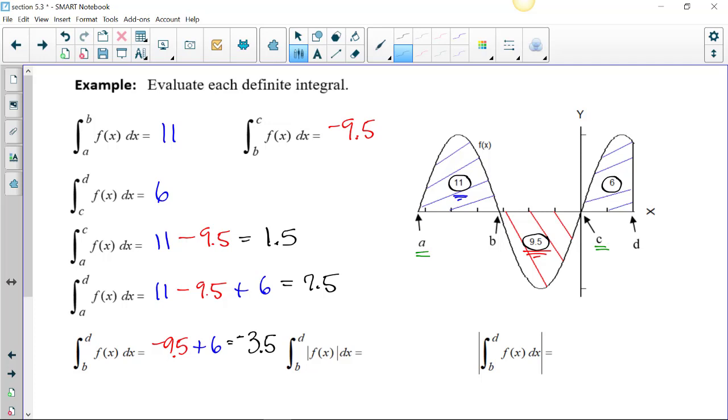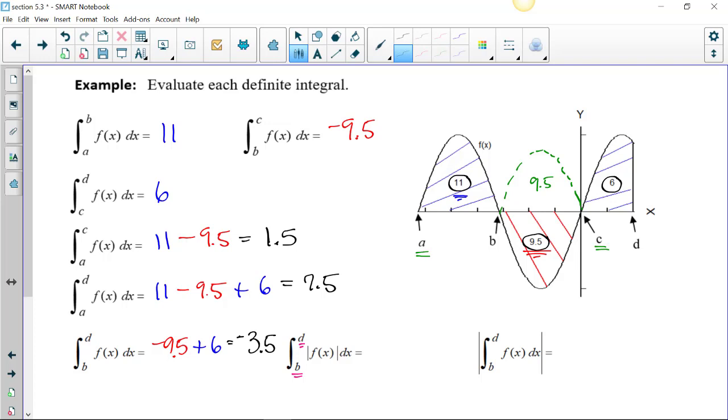Okay, all right, so now let's look here. We've got some absolute values going on. So we're still looking at this integral from B to D. If I say the integral from B to D of the absolute value of the function, then basically what's that saying? From B to D, this from B to C would then be positive. So if that was flipped up, that would be an area of 9.5.